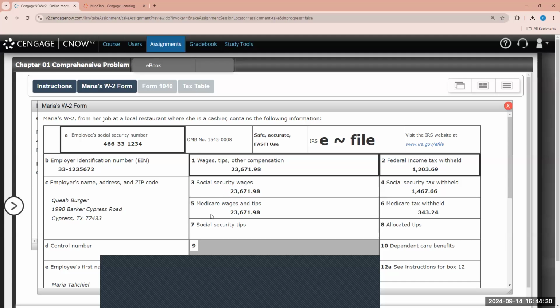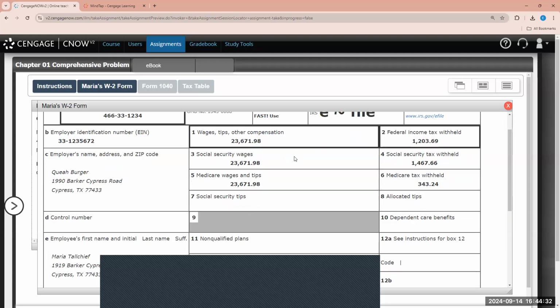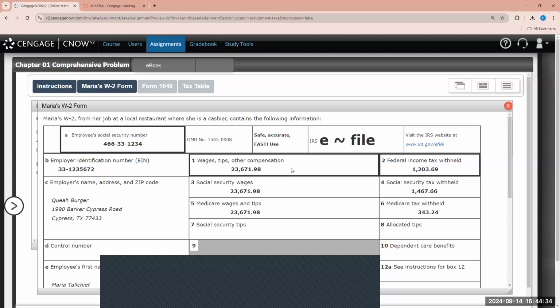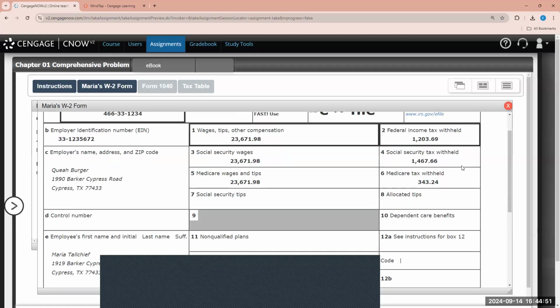Boxes 3 and 5 would show 30,000, but box 1 would show 5,000, the taxable amount from that year. And as we go on throughout the chapters, we'll learn a bit more about how that would be taxed in the future. But for the most part, again, box 1 represents the taxable wages, which is reported on Form 1040. Box 2 represents the federal income taxes withheld.